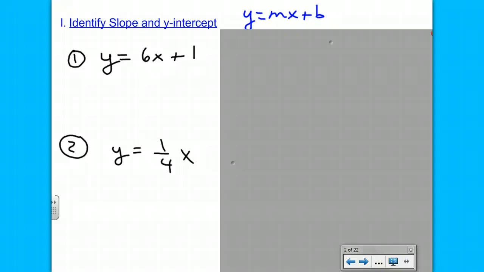So as we look at number 1, it says y equals 6x plus 1. Identify slope and identify the y-intercept. So you can simply say slope equals what, and y-intercept is given a b. It will be known as a lowercase b every time you see it.